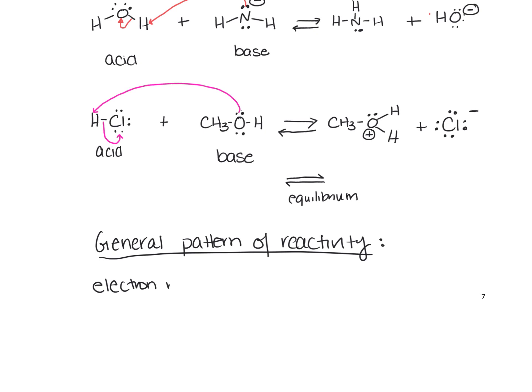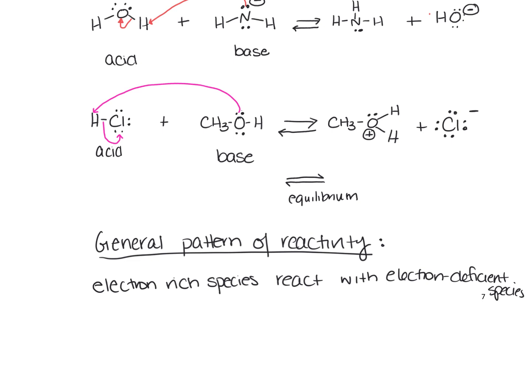Electron-rich species react with electron-deficient species. That's the big deal. Things that have a lot of negative electron density react with things that have a lot of positive electron density. Just like magnets, positive and negative are attracted to each other. We are going to see that here over and over again.